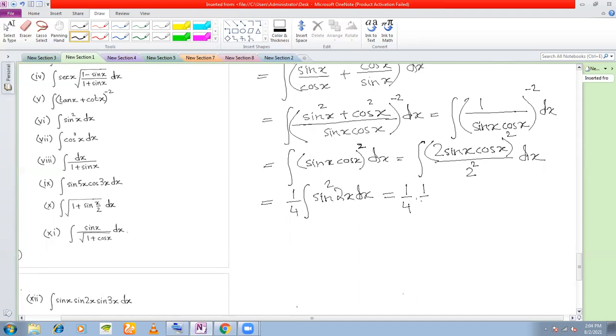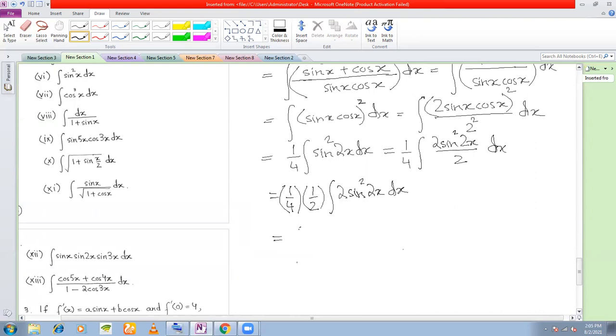So you take half out, or rather I can add one more step because this is simply the beginning. So what you can do is you can write this as 2 sine square 2x divided by 2 dx. Now you can take half out, write this as integral 2 sine square 2x dx.